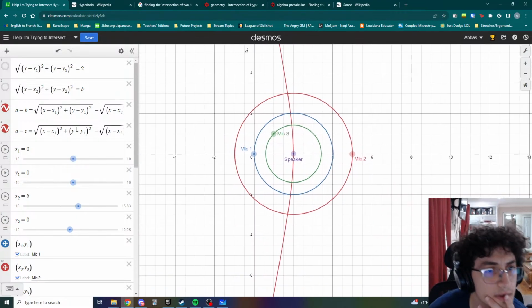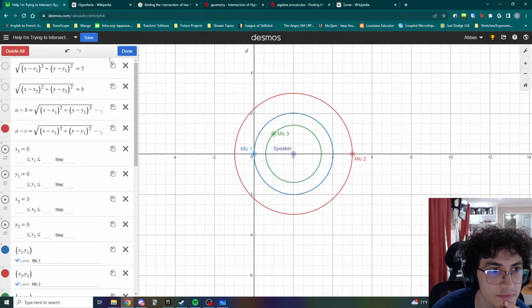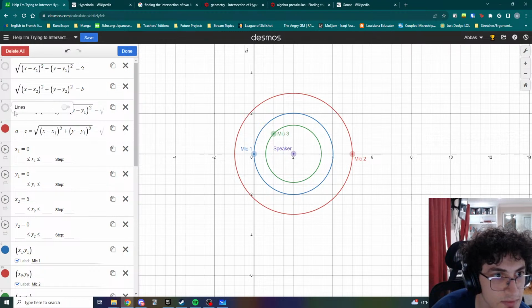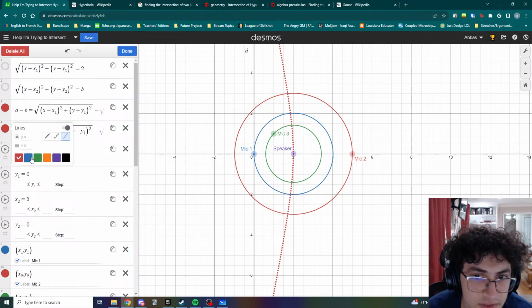Why is this not giving me a solution? So first, let's turn this off. Second of all, let's change this to a dashed line. Let's change this also to a dashed line. This one, let's change it to green, I guess.